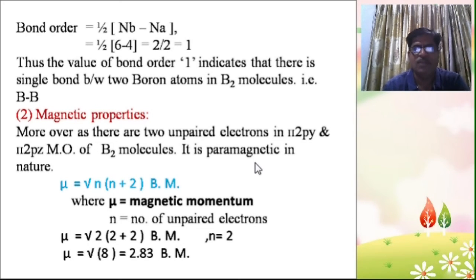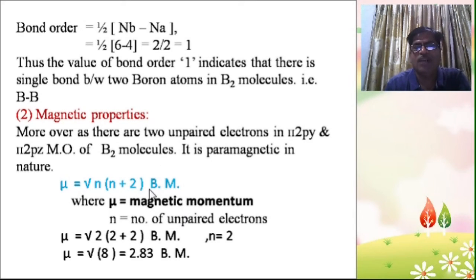If the B2 molecule is paramagnetic, we can calculate its magnetic moment. The formula is mu is equal to the square root of n(n plus 2) Bm. Here Bm means Bohr magneton unit, mu is the magnetic moment and n is the number of unpaired electrons.